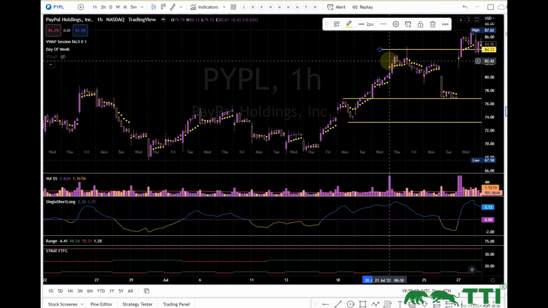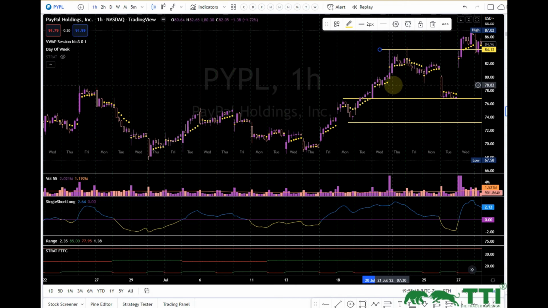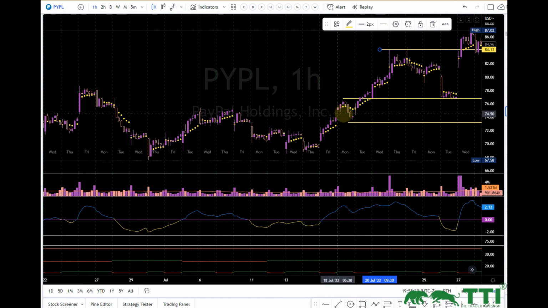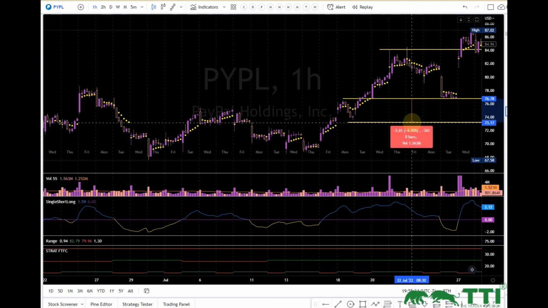We might not have exited this bar, but definitely this bar we have exited. So twice our risk. Your exit should be twice your risk. And what is your risk again? It's from your entry to your stop. That's your risk. So twice your risk is your exit.